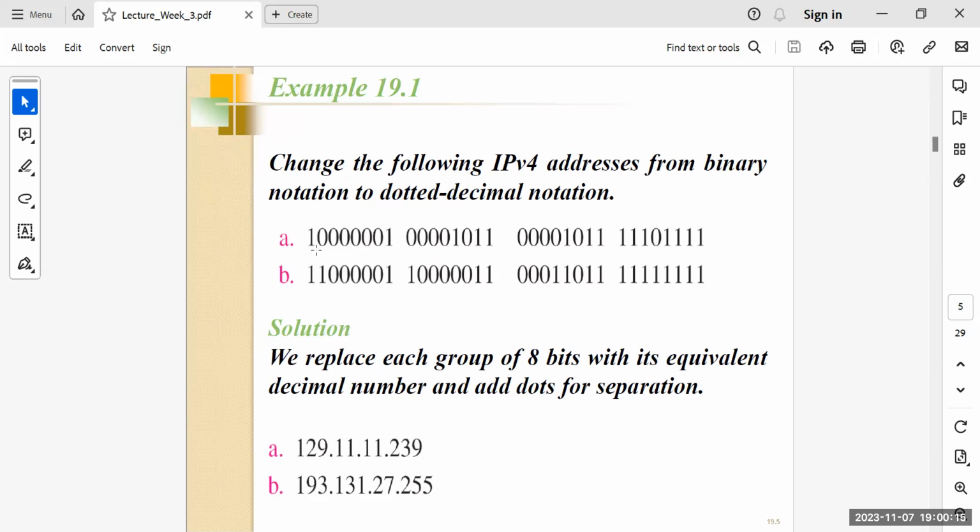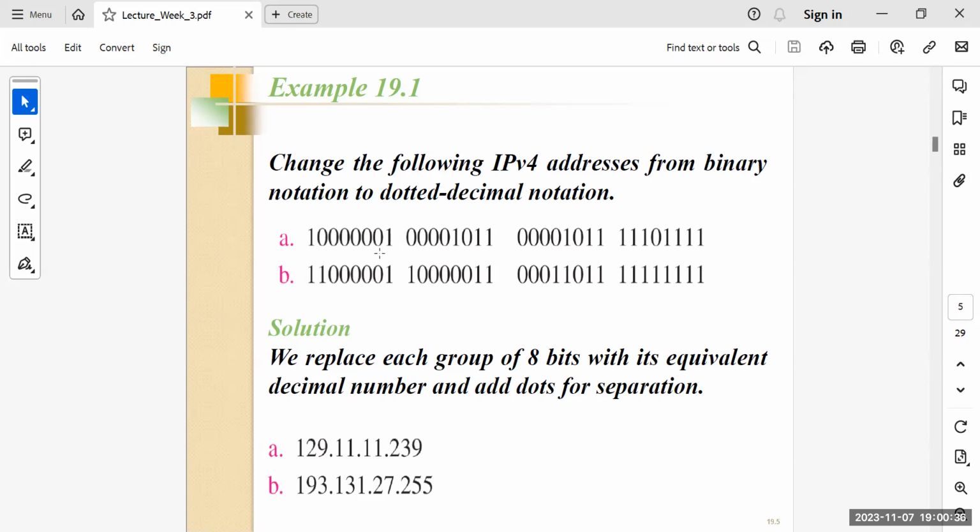You can see that obviously this is a valid IPv4 address. If someone asks you to write the corresponding decimal version of that, you need to consider the 8 bits starting from right or from the left. It does not make any difference. And you have to mention the corresponding decimal of that.